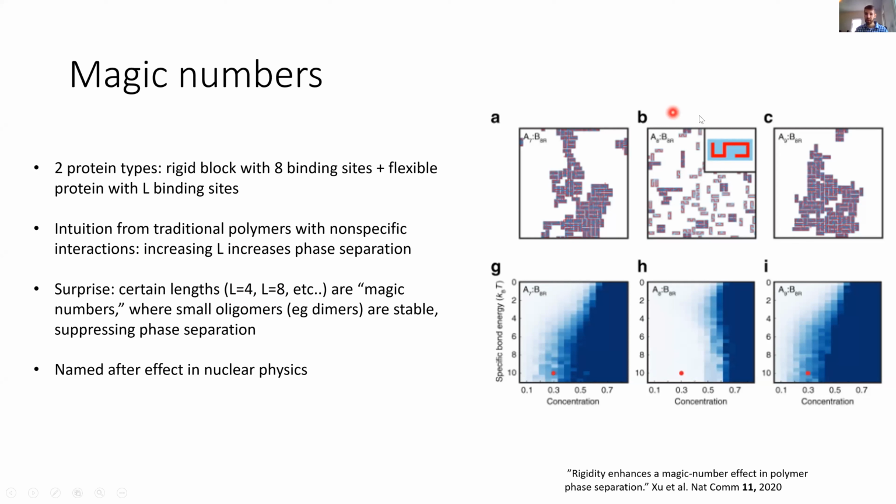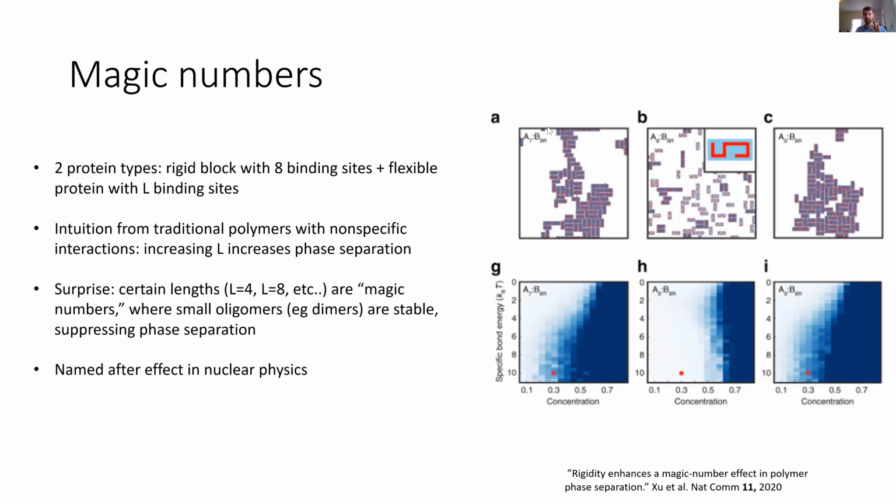That's what you're seeing here in this picture. In all three of these, you have this rigid block with 8 sites, but as you increase the polymer length from 7 to 8 to 9, you see phase separation, dimers without phase separation, and then phase separation again.